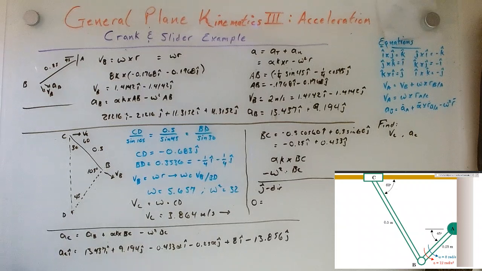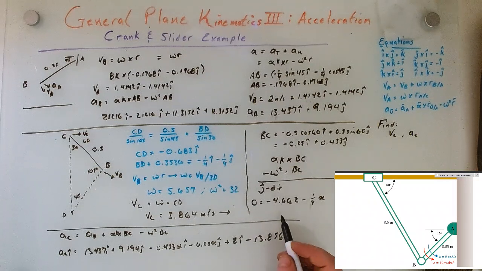I'm going to say 9.194. This is alpha, so minus 13.856, so this is minus 4.662, and then the J here is minus 0, well, I guess it's 1/4, right? 1/4 alpha.